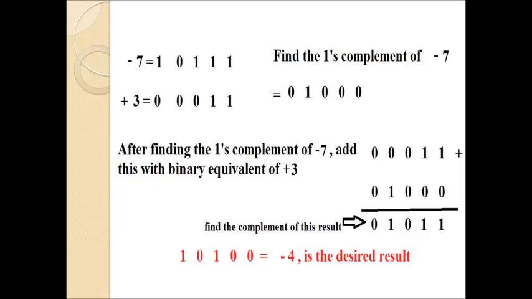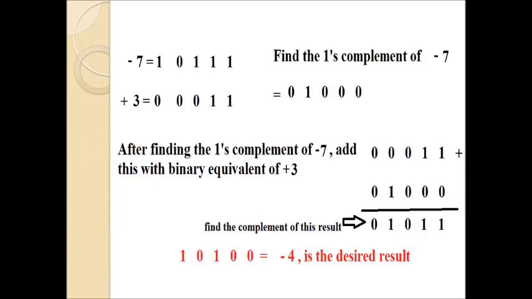You can see that I have written the binary equivalent of +3 and the ones complement of -7. When you add, 1 plus 0 is 1, 1 plus 0 is 1, 0 plus 0 is 0, and 0 plus 1 is 1.